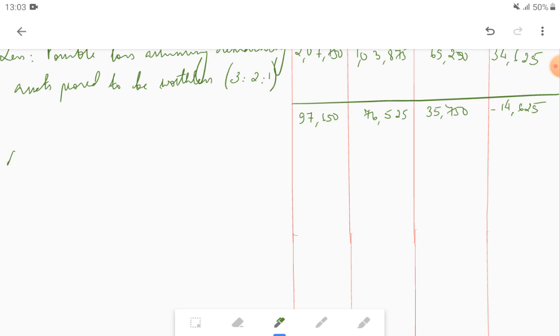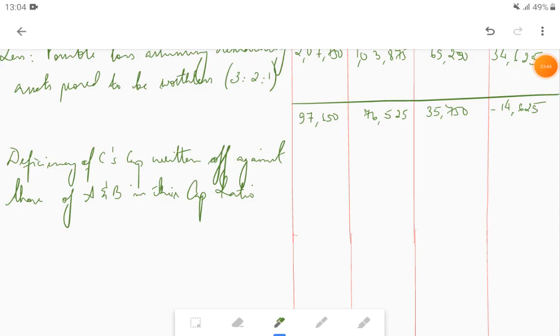Deficiency of C's capital will be written off against those of A and B in their capital ratio. Now the capital ratio remains the same, that is the opening balance. From the balance sheet that you're having, we're going to use that same capital. So the capital ratio will remain the same as 2:1, 2,10,000 and 1,05,000.